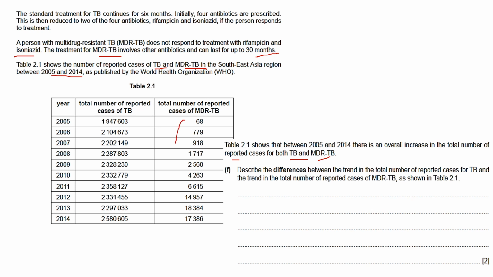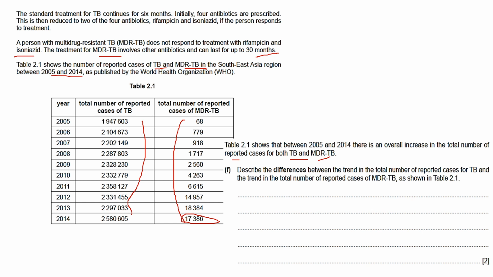So this is MDR-TB over here, and this is TB. And you can see for TB it goes up to the millions, and for MDR-TB it's in the tens of thousands. So it says here, describe the differences between the trend in the total number of reported cases for TB and the trend in total number of reported cases in MDR-TB as shown in table 2.1.